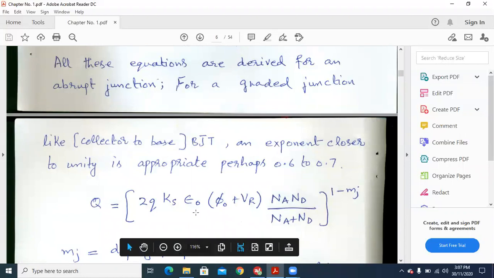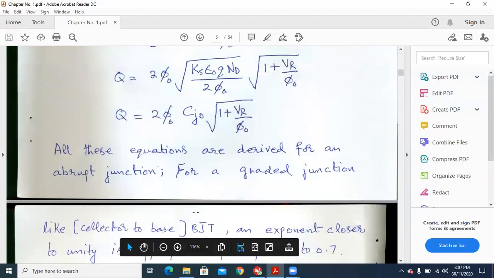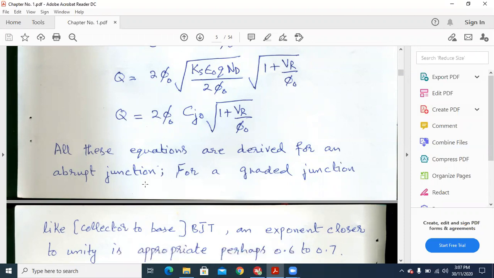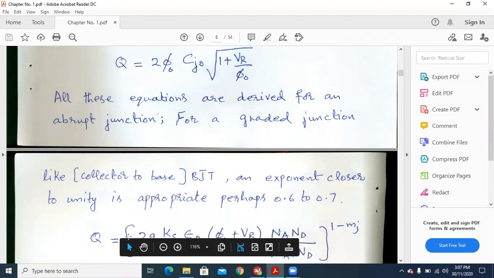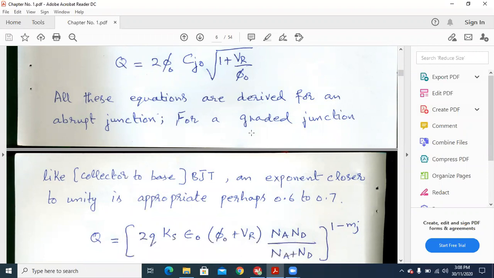This is the derivation for the abrupt junction, where there is an abrupt change in the PN junction. But there is also the graded PN junction, as in a BJT, and the value of this 0.5 constant is replaced by 0.6 or 0.7.